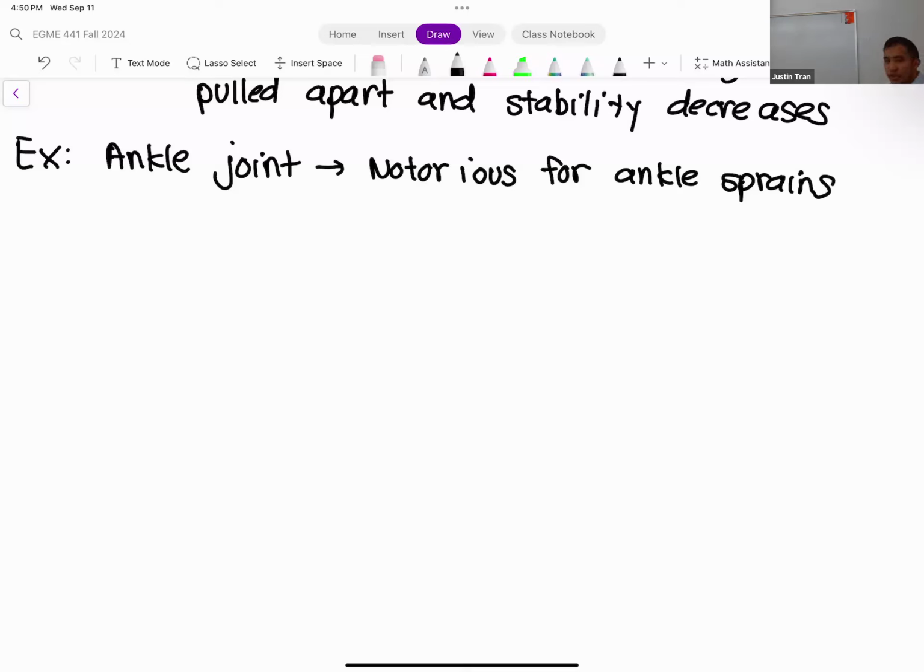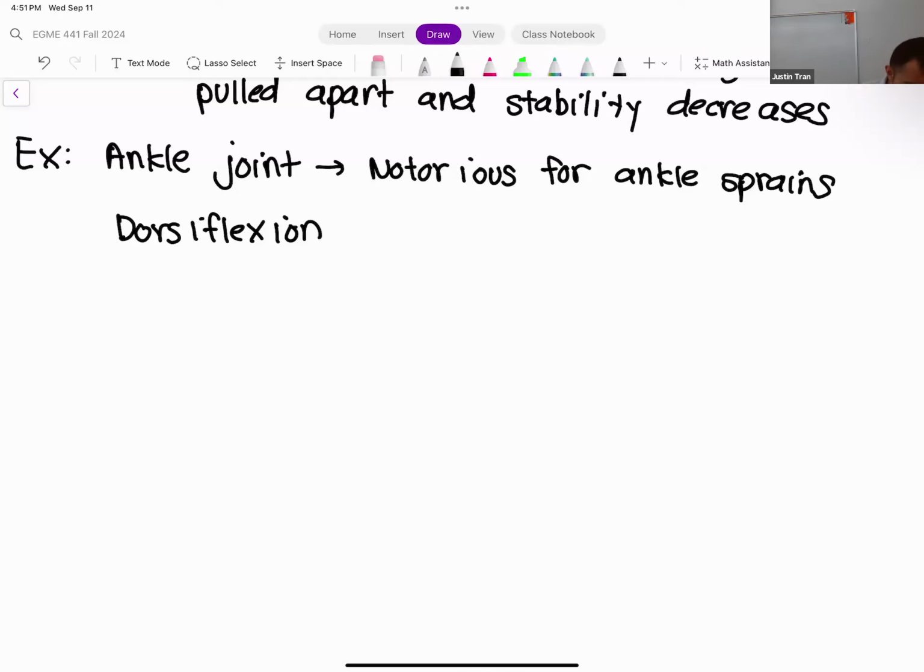But the ankle joint is one where you can really affect the stability based on the position of your foot. So let's look at two situations. First, dorsiflexion of the ankle joint.